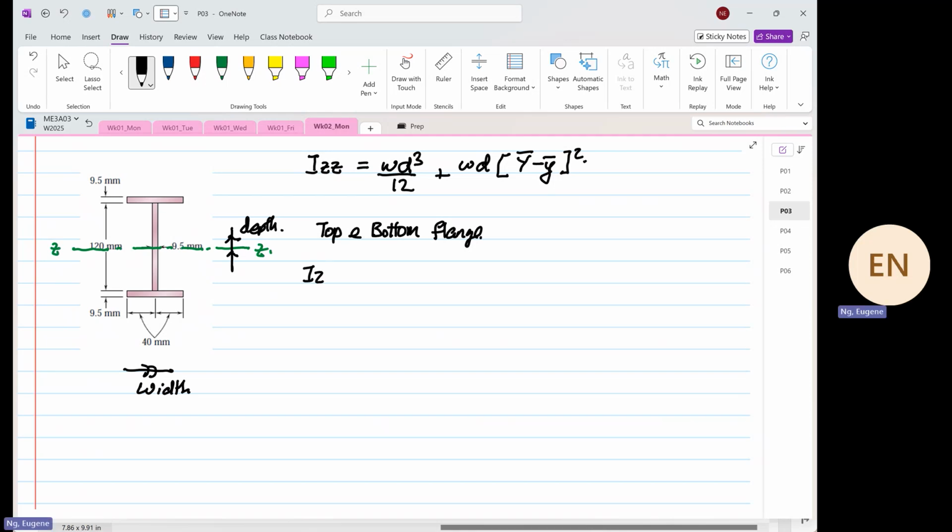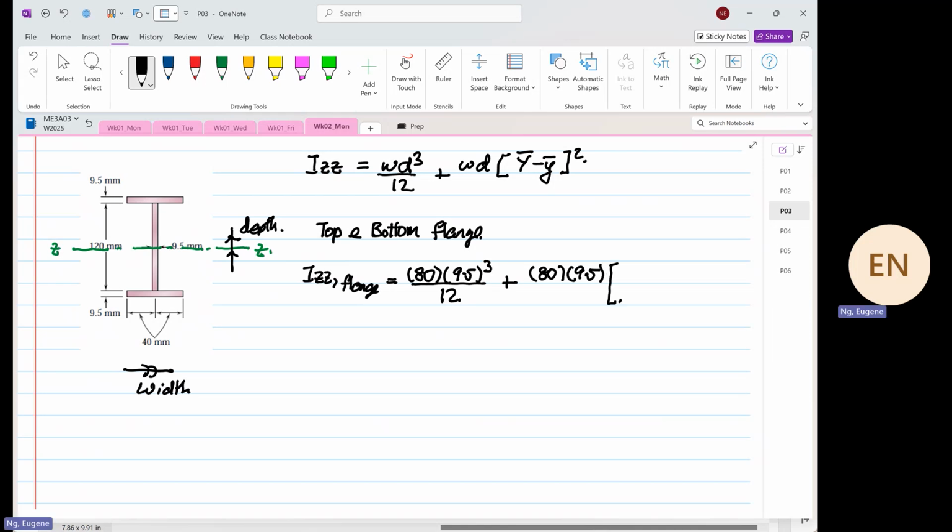So IZZ for the flange, the width is now 80. The depth is 9.5 cubed divided by 12. Plus the width is 80. The depth is 9.5.